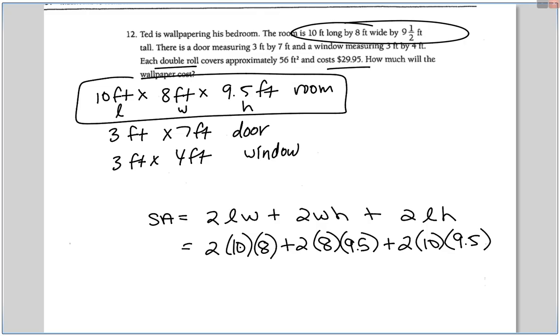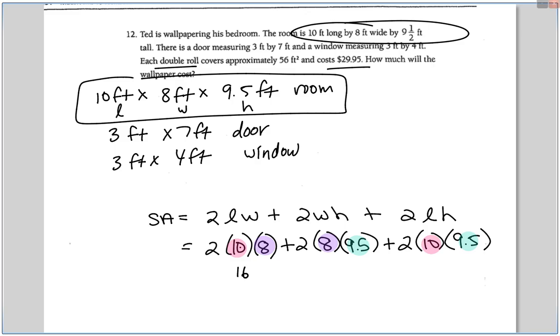And if you look at this formula closely, you can see that each number just gets used twice. 10, 10, 9.5, 9.5, 8, 8. Okay, multiplying these numbers and adding them up.